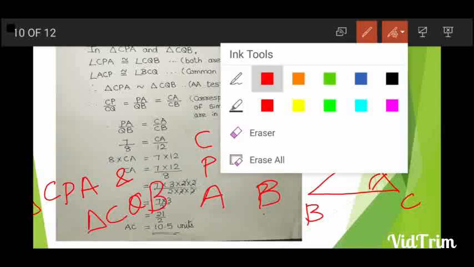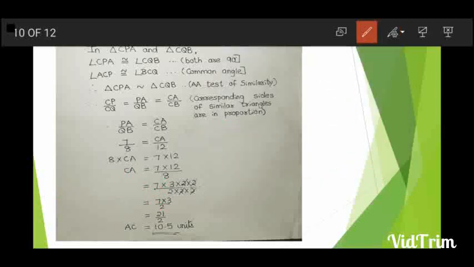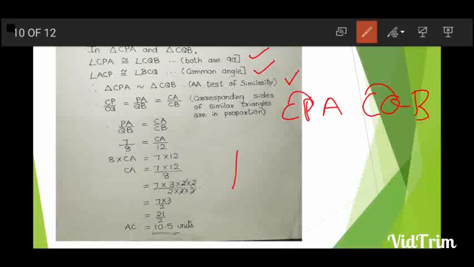I told you already. So now with that, let's start. I told you both are 90 degrees and there was a common angle C. So both the triangles are similar by AA test of similarity. As we know, if the triangles are similar, we will write the proportional sides. How to write the proportional sides? Just now I told you: CP upon CQ is equal to PA upon QB is equal to CA upon CB. The reason is corresponding sides of similar triangles are in proportion.